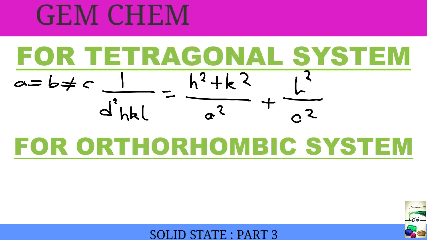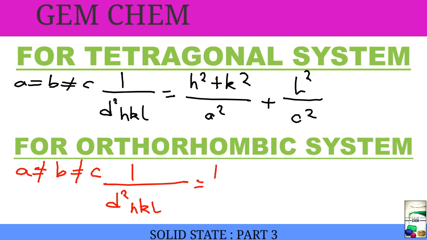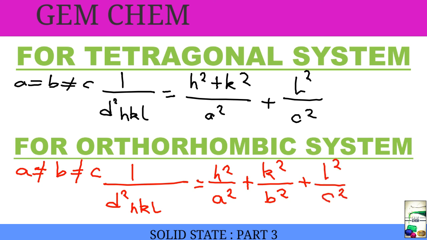And for orthorhombic, we know all sides are unequal, so we get the same value as was derived previously: 1 by d square HKL equals h square by a square plus k square by b square plus l square by c square. So this was the interplanar distance.